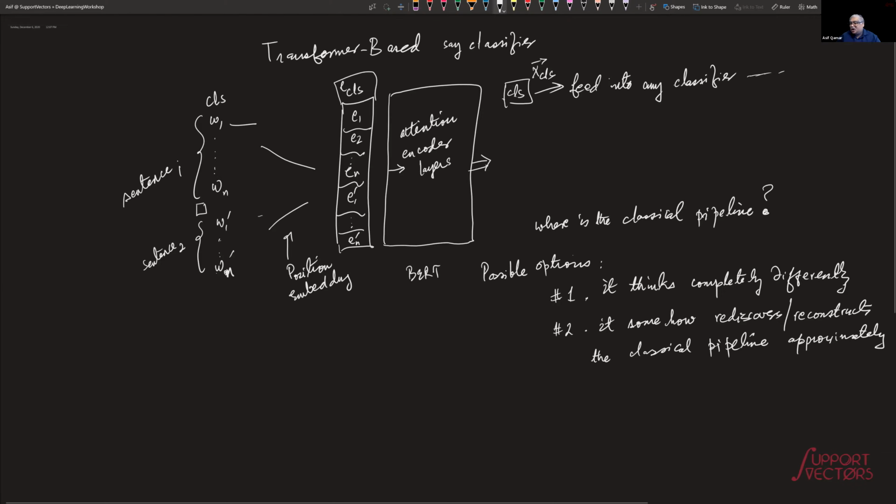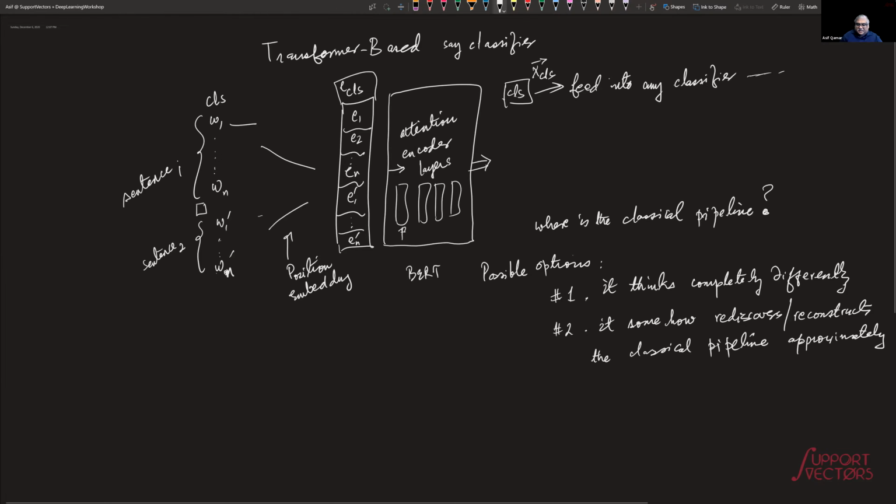It reconstructs the pipeline, somehow it rediscovers it. So what it means is that as you go from layer to layer, you should be able to see that some things, the early things, for example, the basic things like named entity recognition and so forth, or the part of speech tagging, they should be there in the earlier layers, and more higher order representation should be in later layers. After all, deep learning is representation learning, isn't it?